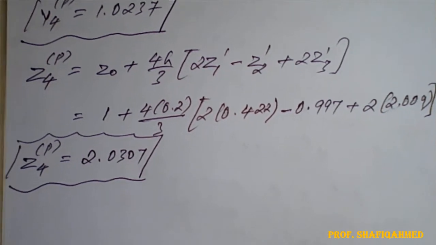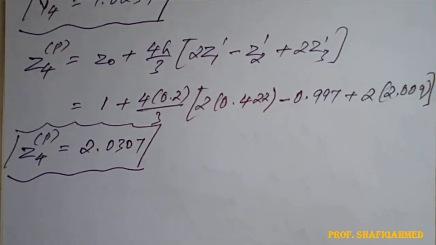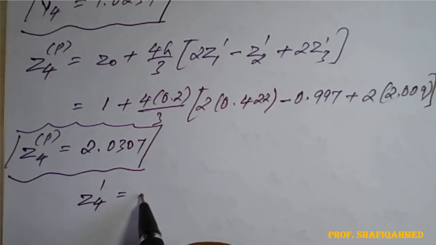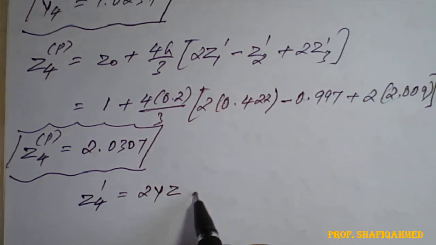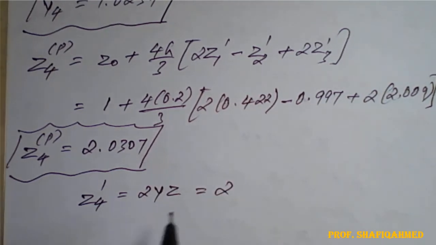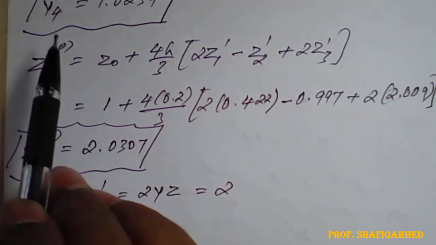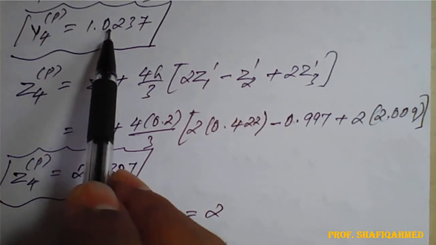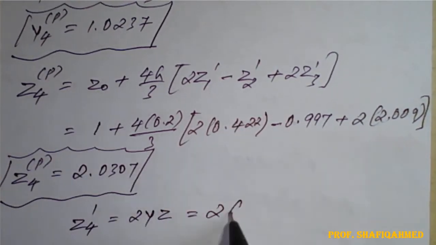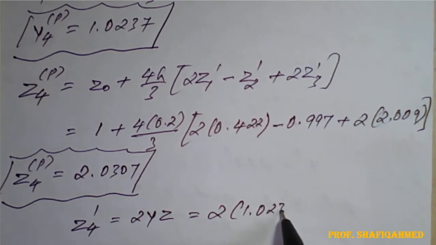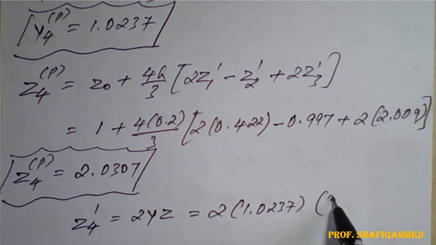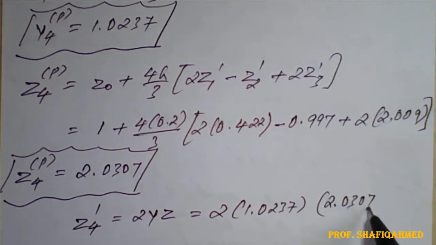So once we got these values, now we need to go for y4 dash, that is the standard formula, 2 times y into z, which is nothing but 2 times y value, that is y4 of p value. How much we got? 1.0237, and z value is 2.0307.